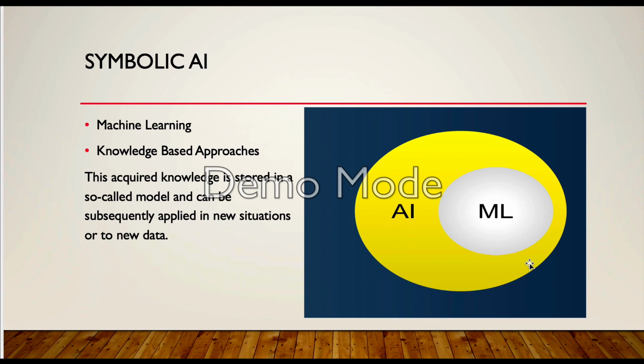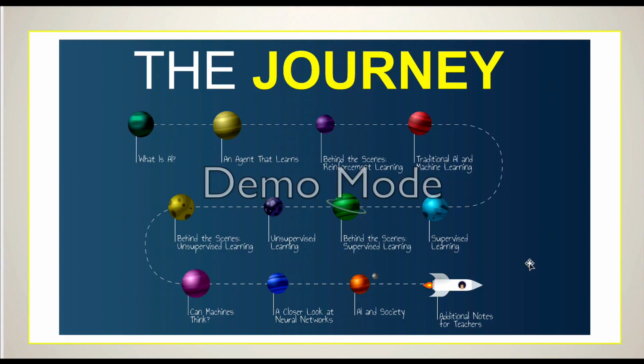After learning about the importance and history of AI as well as the reasons for the current interest in the topic, let's have a look at our journey through the world of AI. In week one, unit one, we are discussing what AI is, and then further we'll be discussing the agent that learns, and then what reinforcement learning is.